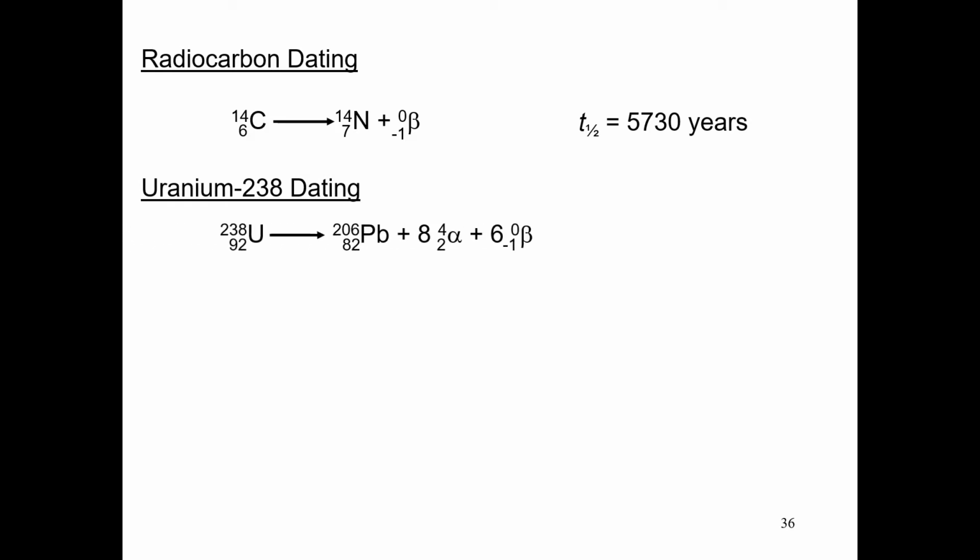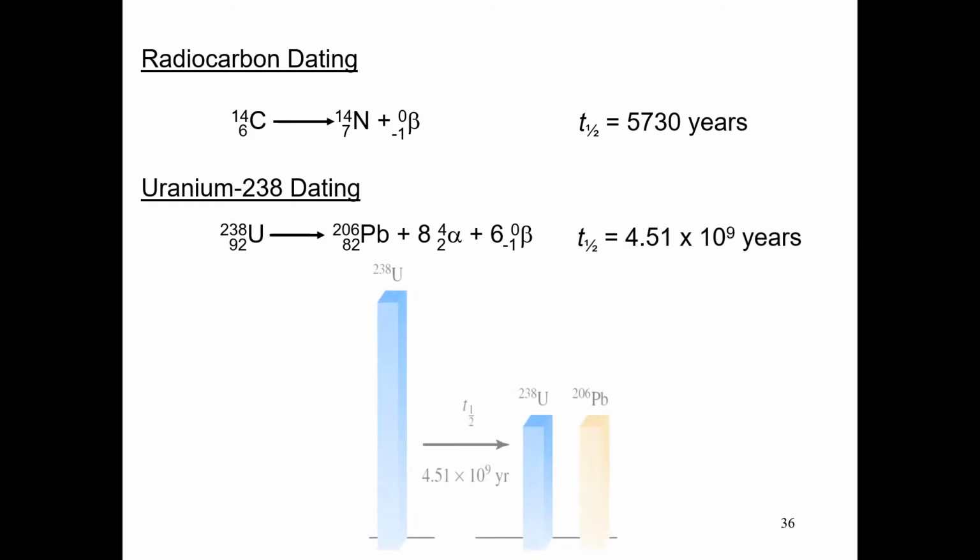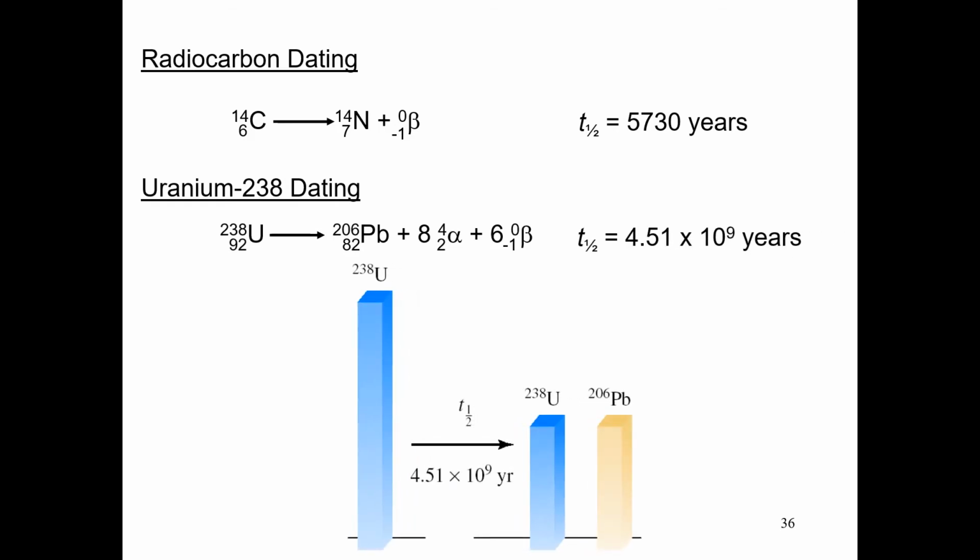So remember, I showed you the radioactive decay series of uranium-238 all the way down to lead-206. In the process, 8 alpha particles and 6 beta particles are emitted. The half-life of this process is about 4.5 billion years.